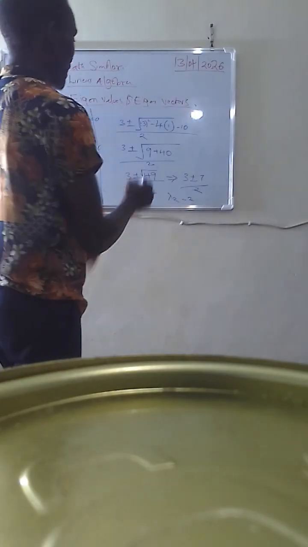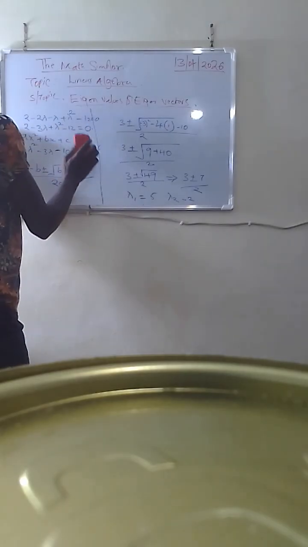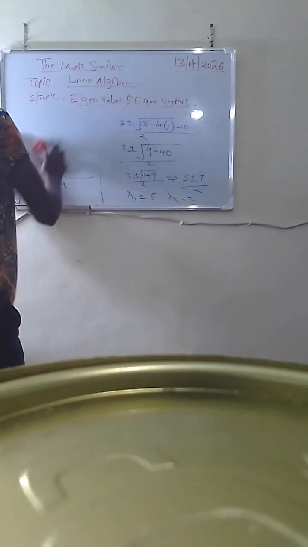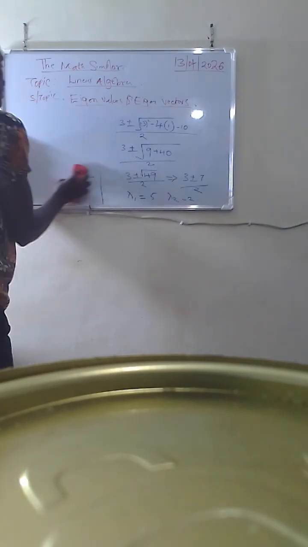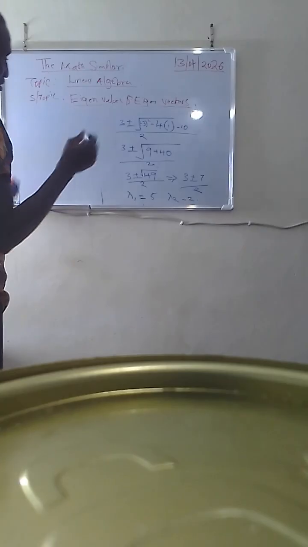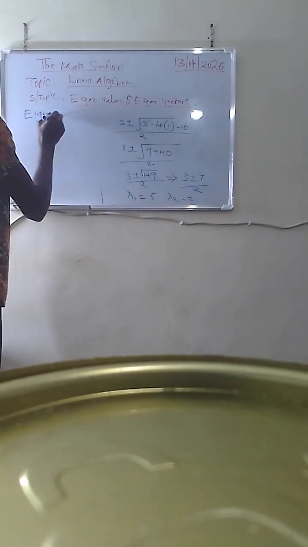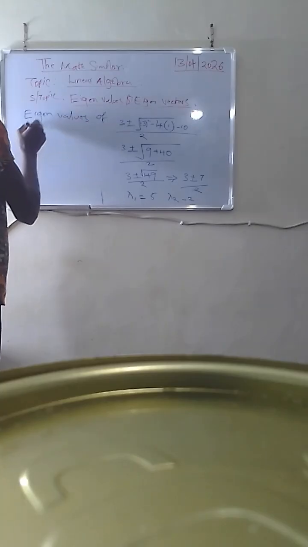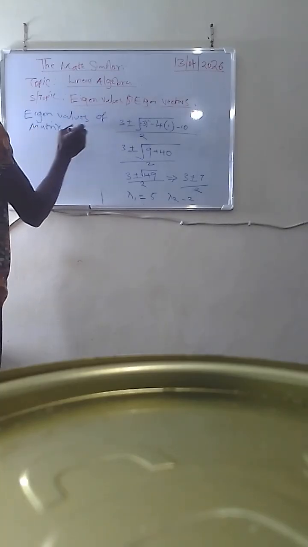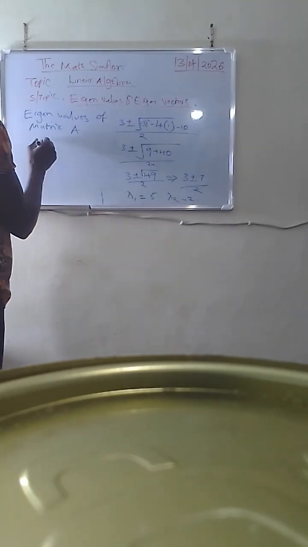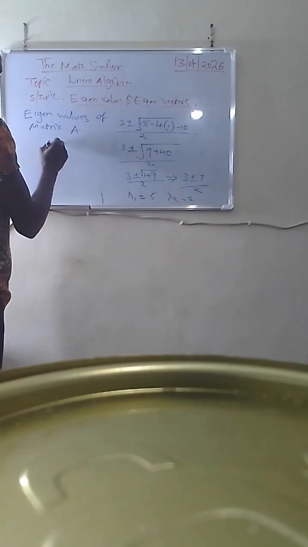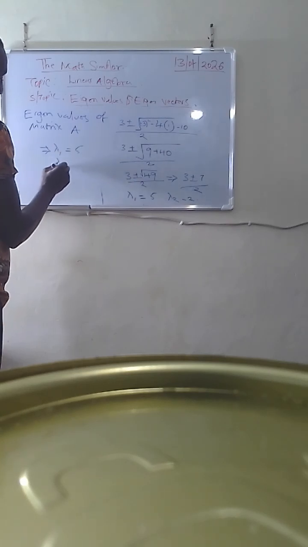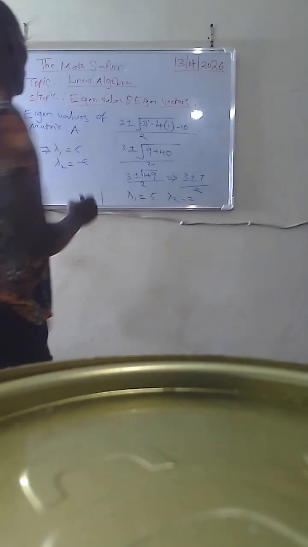So the eigenvalues of matrix A are lambda 1 equals 5 and lambda 2 equals negative 2.